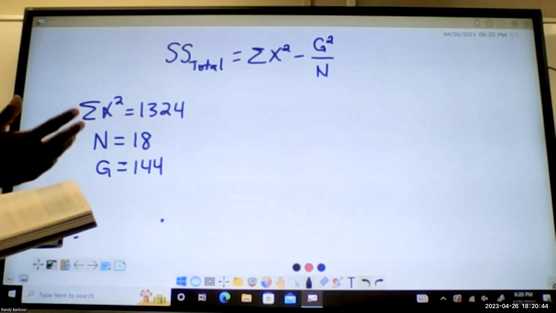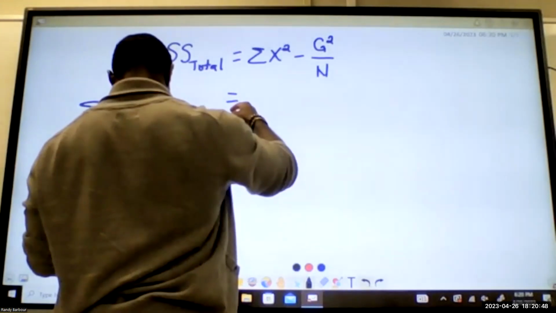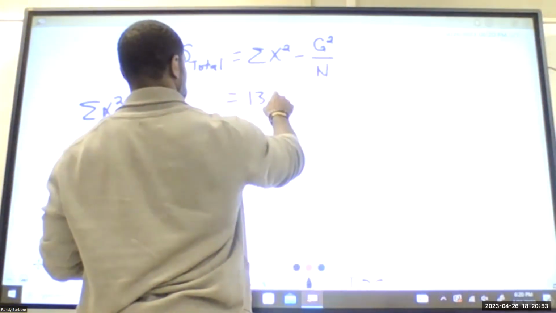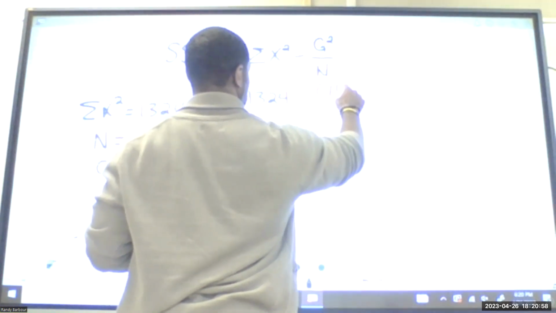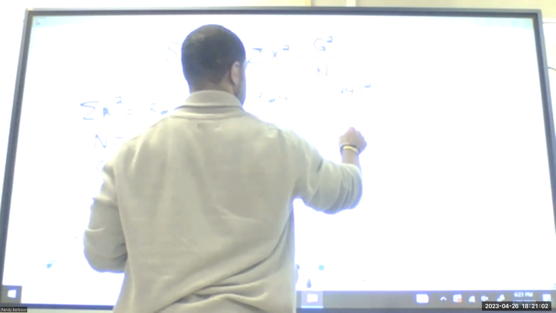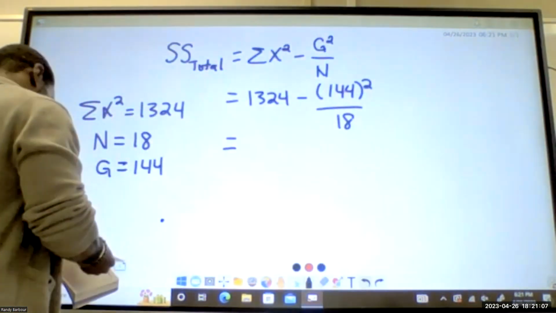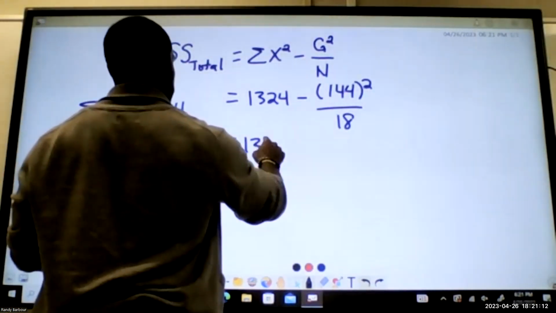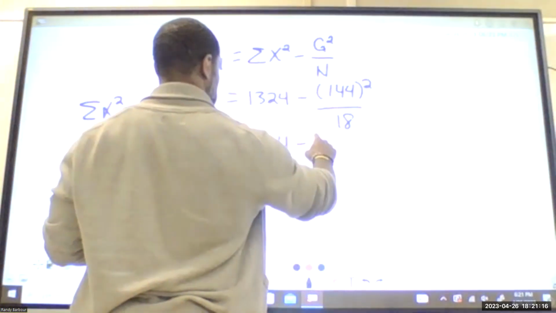So all I'm doing is plugging values in. It's going to be 1,324 minus 144 squared over 18. Then I just do the calculation, right? So it's 1,324 minus 1,152.